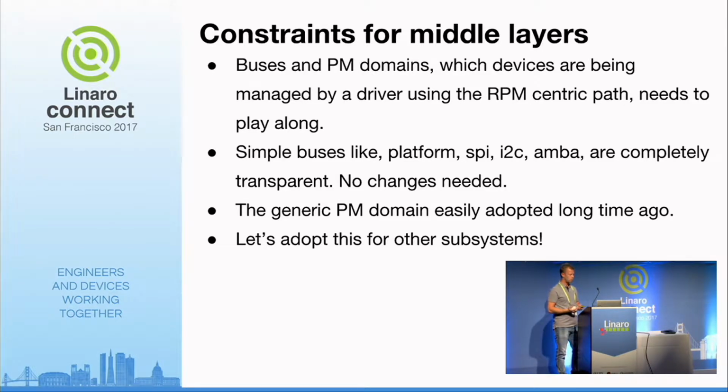However, there are cases where this becomes more tricky and not as trivial. And GenPD is not one of those generic power domain cases, but we needed to do minor adaptations. Those of you that might be familiar with GenPD know that when you have a device going into runtime suspend, we have a governor up there, which is taking into account some latency constraints before it actually allows the device to go into runtime suspend.